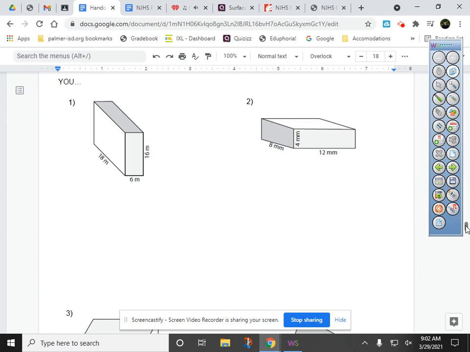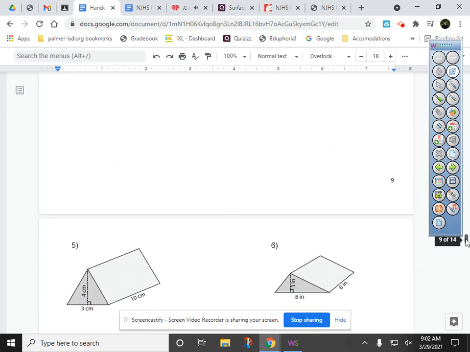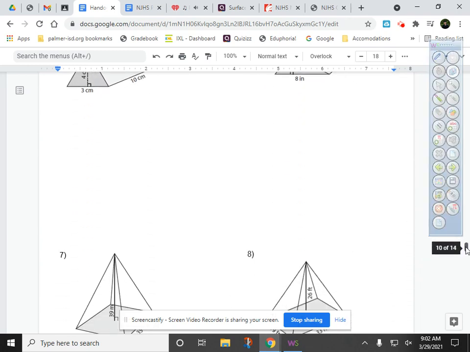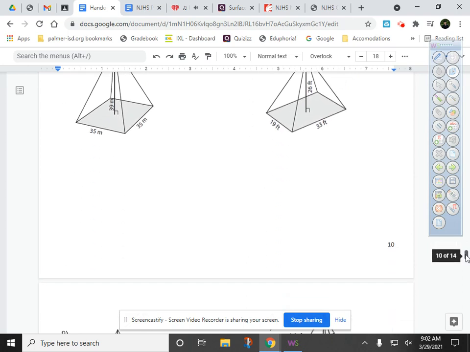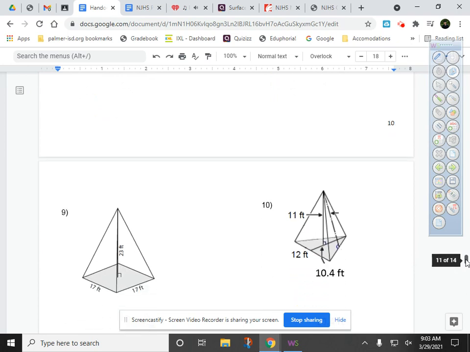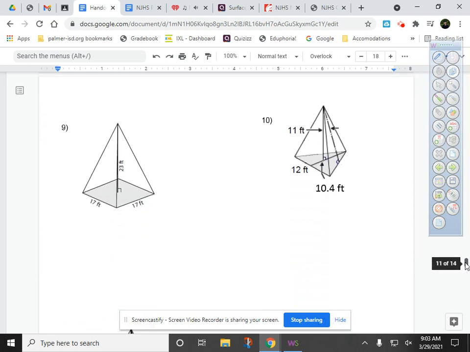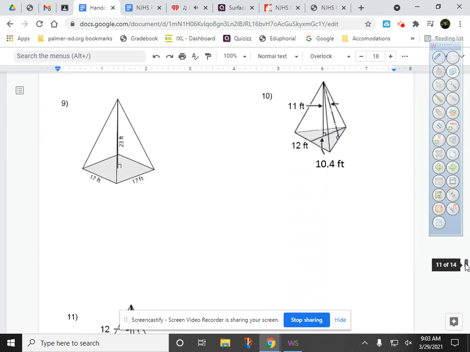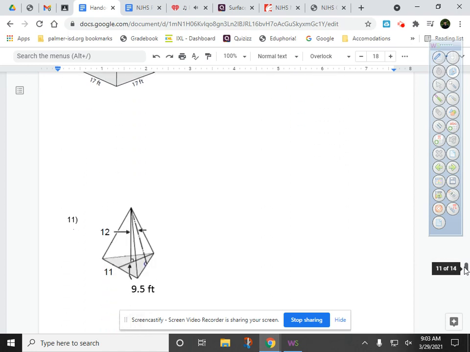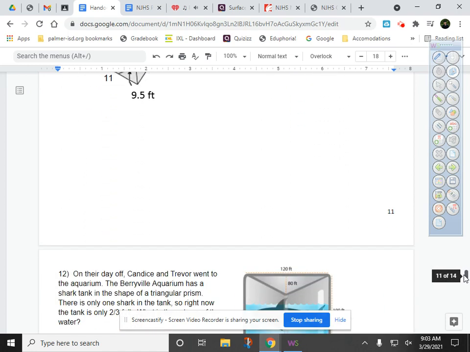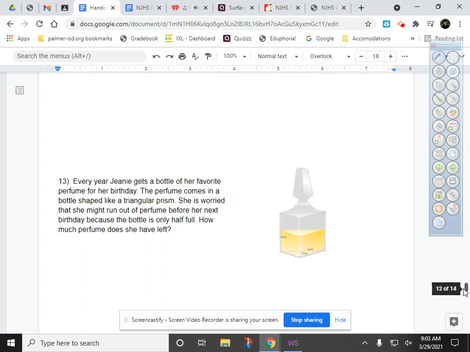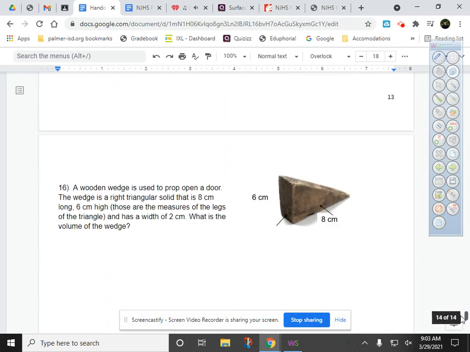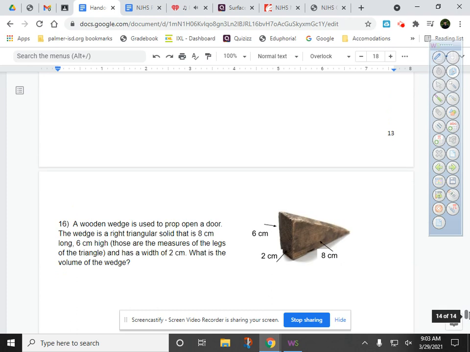Number 2, number 4, number 5, number 7, number 9, 11. And then all of them on pages 12 and on: number 12, 13, 14, 15, and 16. You're going to do them all right now in class.